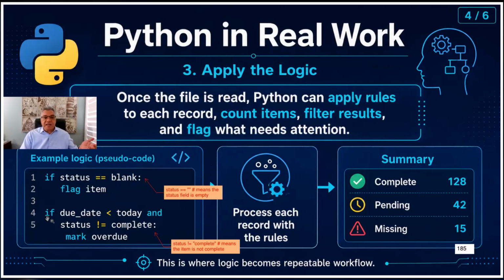And you also can say if due date less than today and status not equal complete, mark overdue. If the item is overdue, mark it as overdue based on today's date and based on the due date that I'm providing you. So let's see a real example here.